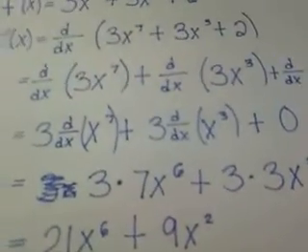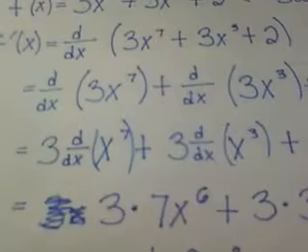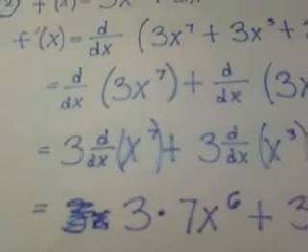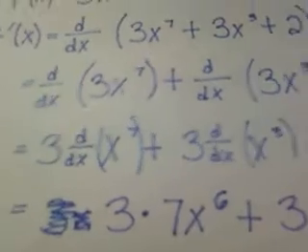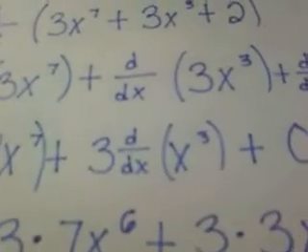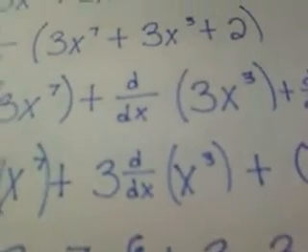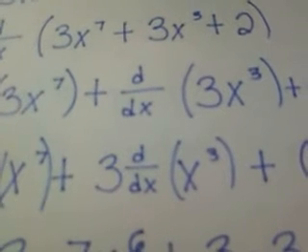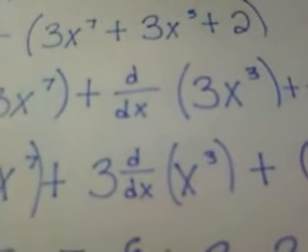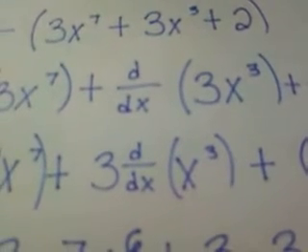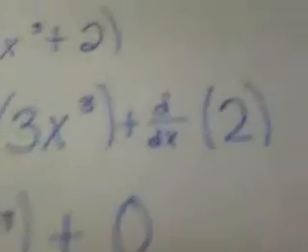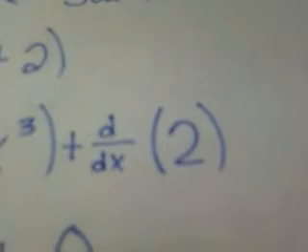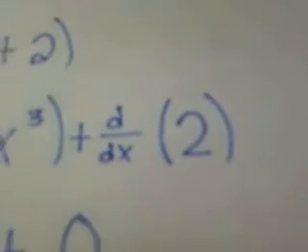And then we would have to put this 3 before the d over dx of x to the 7th. We move the number in front, which is 3 again, before d over dx of x cubed, plus 0, because this would be like rule number 1, see? It equals 0.